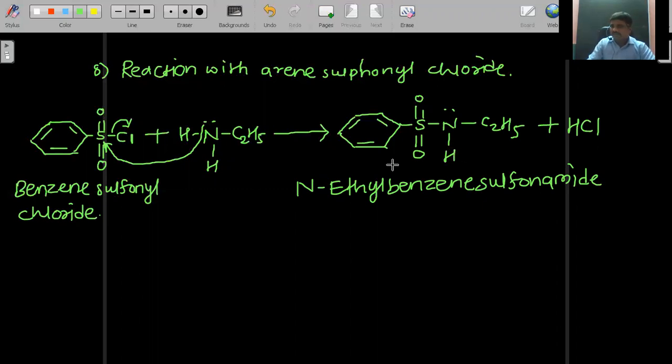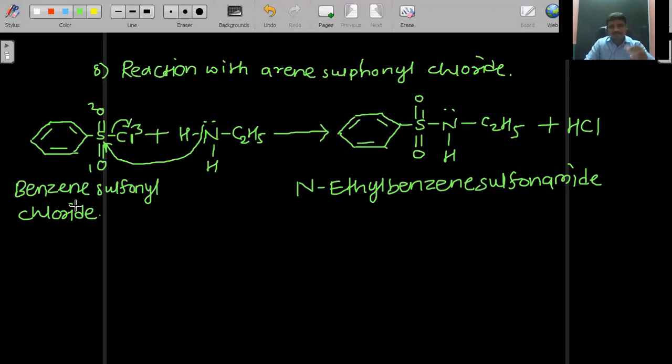Okay. So in this reaction, hydrogen and chlorine combines with each other and nitrogen gets attached to the sulfur. This sulfur is electron deficient because it is attached to 1, 2 and 3 electron withdrawing groups.